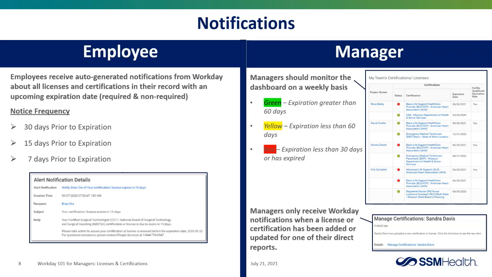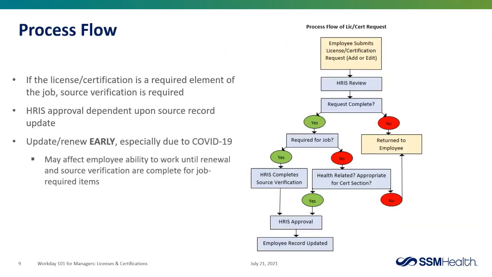Lenora, can you walk us through the workflow of a license or certification request? Sure. If the license or certification is a requirement of the job, then HRIS has to do a source verification of that license. So if the employee submits the license or certification, HRIS reviews the information.